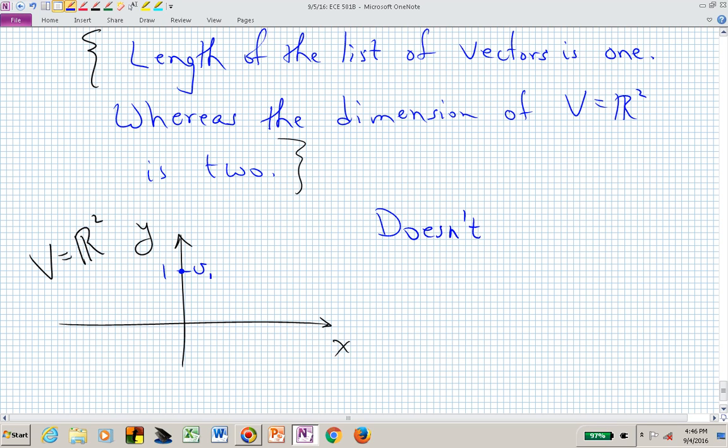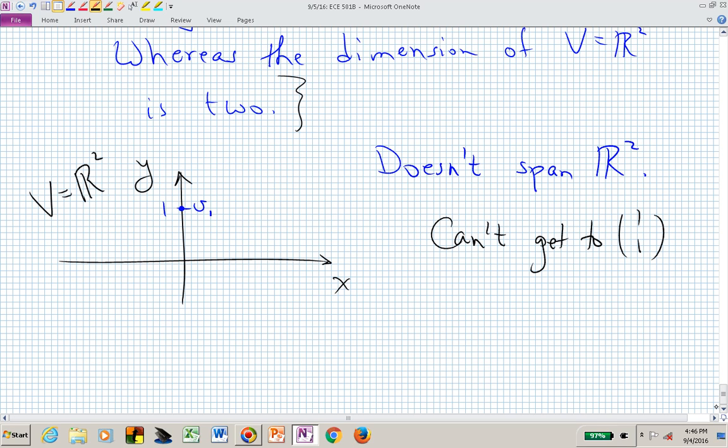That particular list then doesn't span R2. And then it should be clear that since we can't get to any x coordinate, we obviously can't get to our example point 1, 1 using linear combinations of 0, 1.